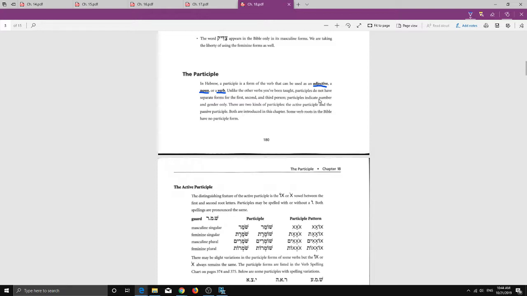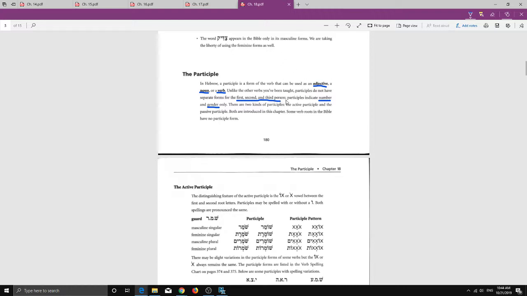One thing about participles that's different from other verbs is that there is no person inherent to a participle. Okay, so it's not going to be first, second, or third. It will still indicate number and gender, and if it's functioning as a noun or an adjective, it could also have the definite article on it. And if it's an adjective, then that article has to match whatever it is modifying.